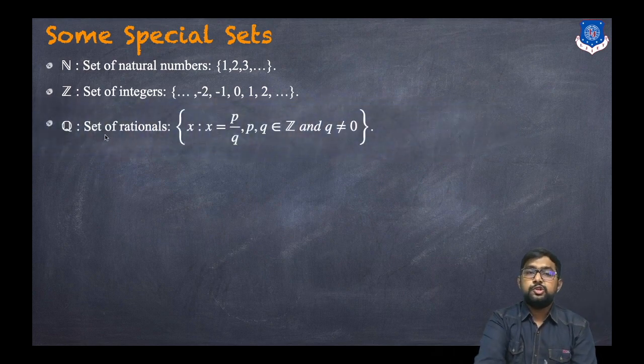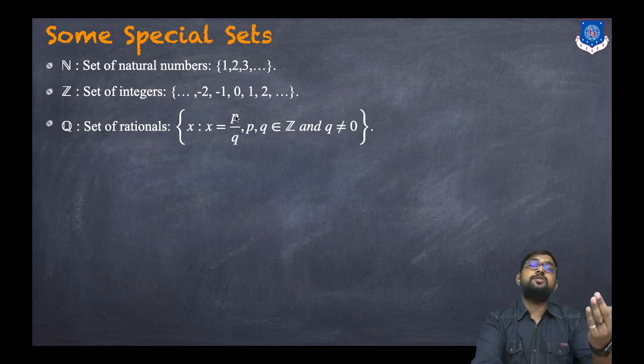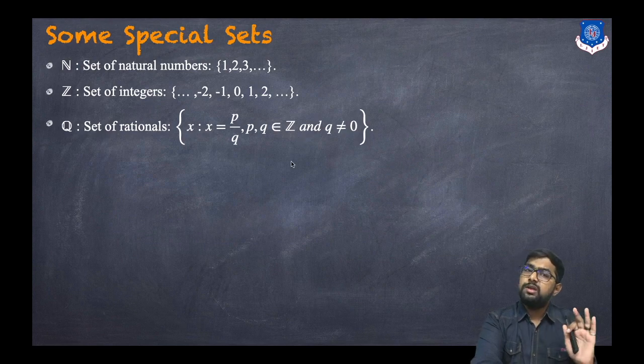Then Q is the set of rational numbers. It is in set builder form because we cannot include all the points in a list. The set of all x such that x = p/q, where p and q both belong to the set of integers, and also q, the denominator, does not equal 0.